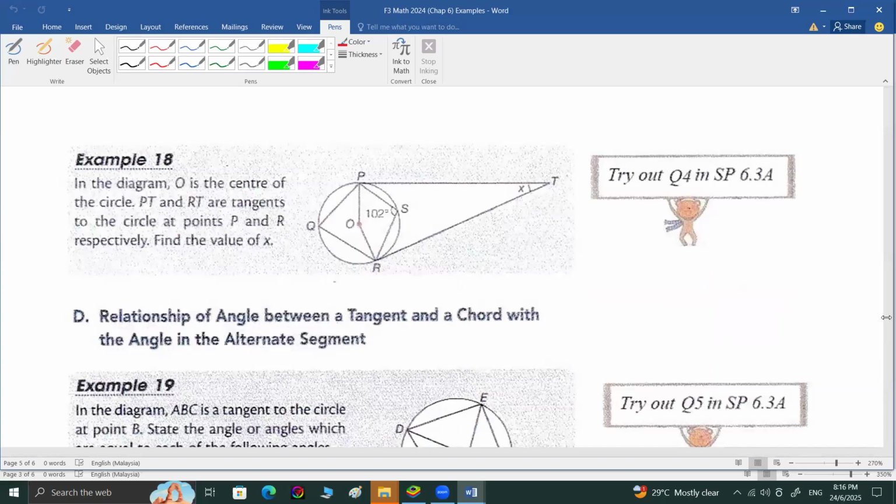So now, remember just now this one is a common tangent, right? Common tangent. Then, remember I drew one extra arrow there to show you just now? Remember, yeah? Okay, so since this is 102, 102, what can you understand here? No, not 2 times. Remember the word cyclic quadrilateral?